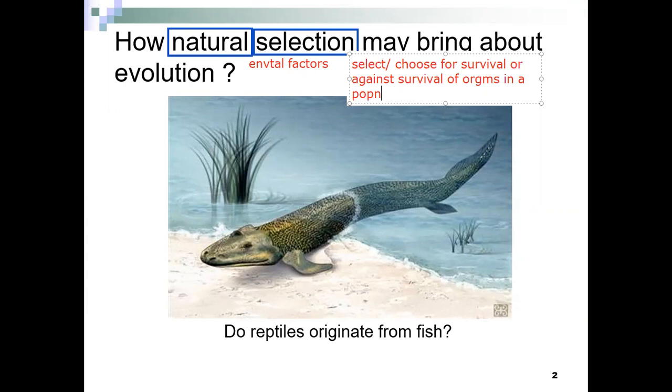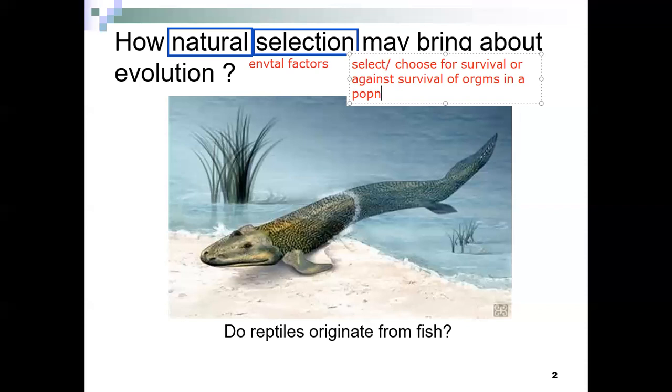Very easy to remember. Is our survival dependent on the environment? Like, is water available? Is food available? Is there a COVID virus around or not? Is there a predator around or not?